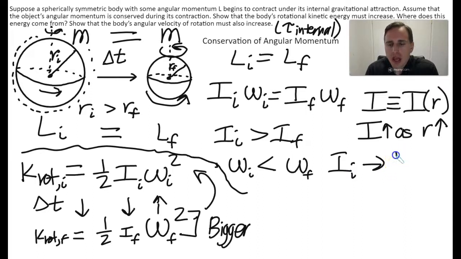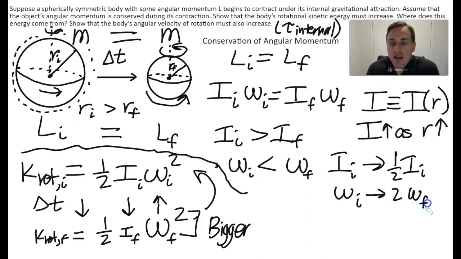So now we only have 1/2 the initial moment of inertia. That's the final moment of inertia. Well, that means the angular velocity should then just be exactly double the initial angular velocity that we had when we are looking at the final angular velocity.